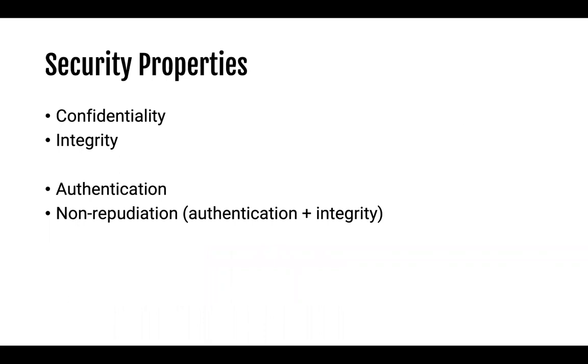Okay, and then let's come back to security properties. So we first talk about confidentiality, right? If someone is going to send a message to another person, then someone in the middle should not be able to decrypt it, should not be able to turn it into plain text and understand the exact message. Okay.